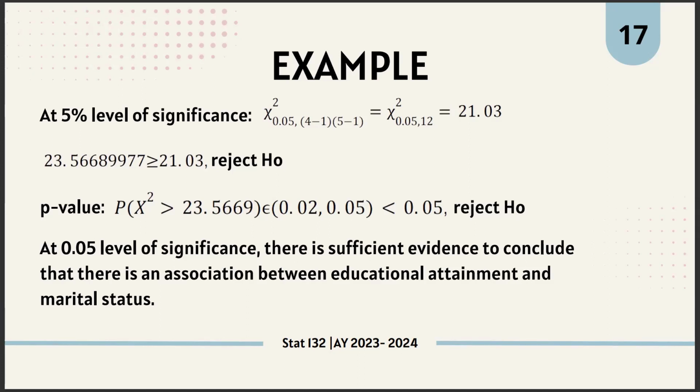So we reject our null hypothesis. Similarly, for our p-value, the probability that X squared is greater than 23.5669 is within 0.02 to 0.05, which is less than 0.05. So we reject H0. At 0.05 level of significance, we then say that there is sufficient evidence to conclude that there is an association between educational attainment and marital status.